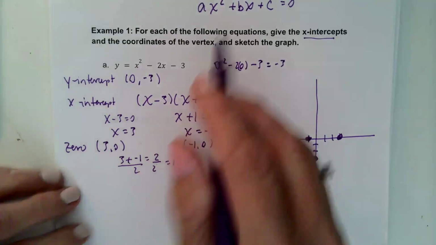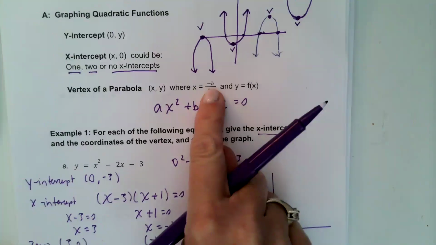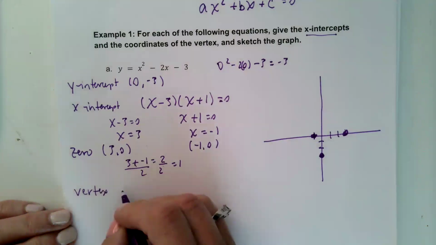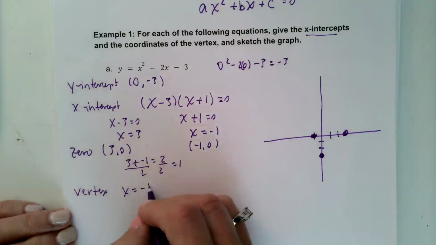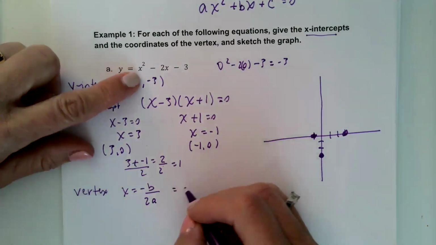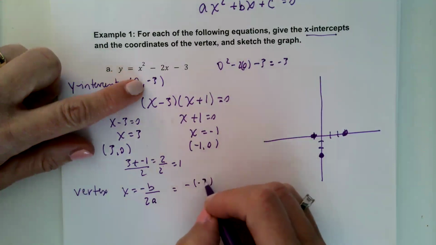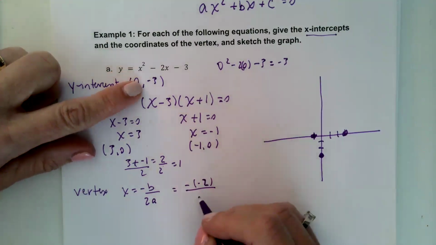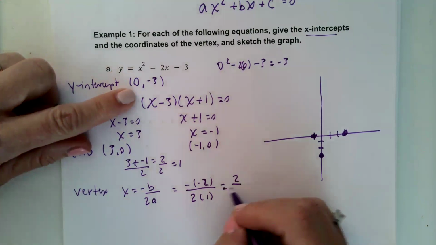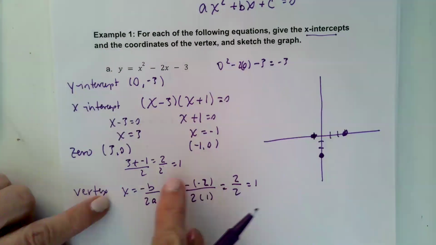But we can find that using this formula right here for the vertex. So the x is going to be the negative of b over 2a. And so that's going to be the opposite of -2, because b is -2, over 2 times a, which is 1. That becomes 2 over 2, which is 1, which is what I set up here.